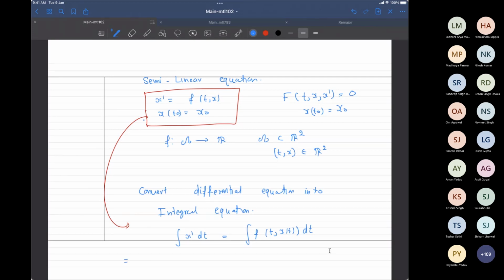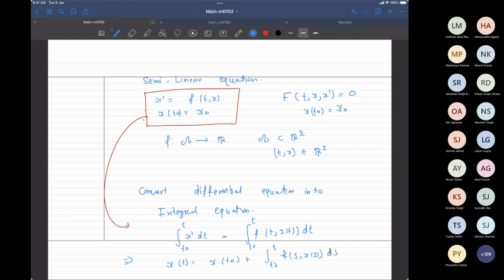If I integrate from t naught to t, this implies that x at t will be x at t naught plus the integral from t naught to t of f of t comma x of t. Let's not write t here, let's write s, because otherwise the limits and the variable of integration will be the same. So let's write s, ds.